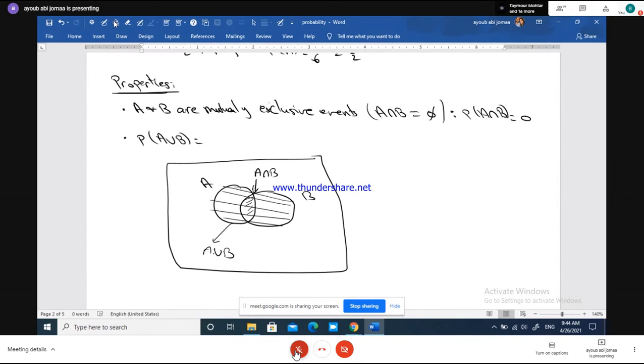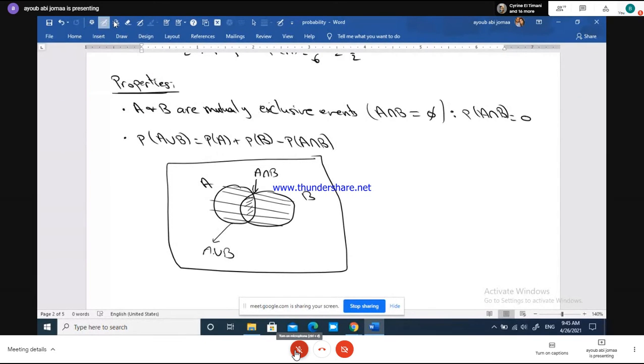So we can say that the probability of A union B will be P of A plus P of B minus P of A intersection B. Yes. For one reason.